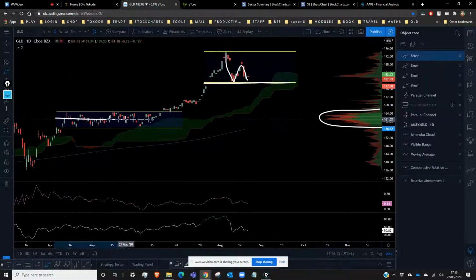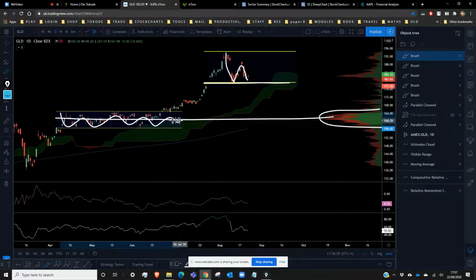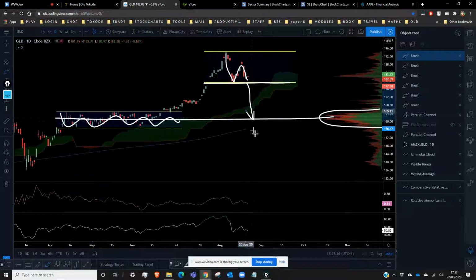This consolidation area here, this is the consolidation that gold had between April and July. So that's my next support, but that's like a worst case scenario, because that's a long way from where price is at the moment. That's a long fall.